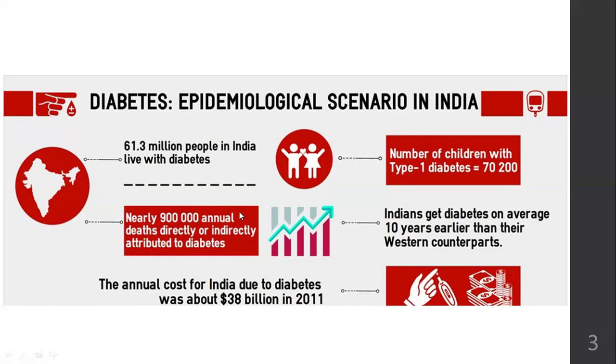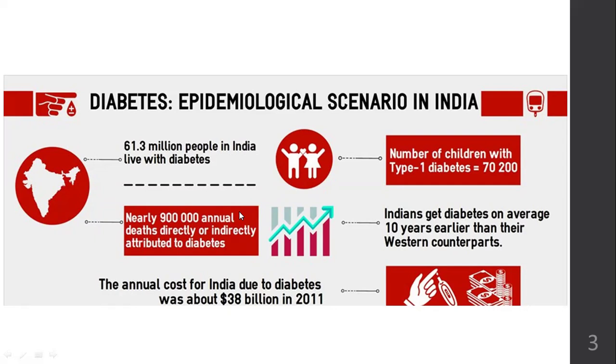Type 1 diabetes is still on the rare side, but type 2 diabetes is very common in the Indian population. We are expecting around 9 lakh deaths directly or indirectly related to diabetes because it's a lifestyle disease.